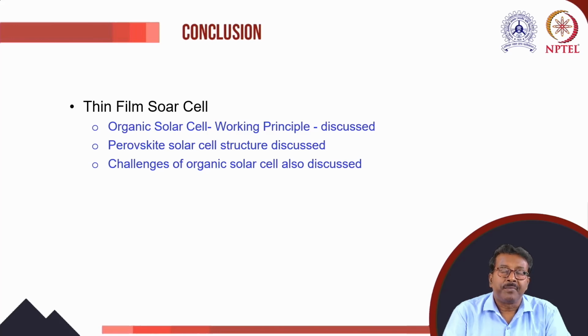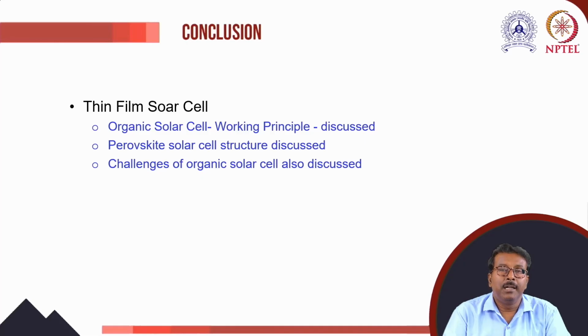That's why we need a special arrangement to dissociate these excitons into electron hole pairs and get the electrical conduction. Until we can dissociate them, we cannot get the electrical conduction. And for that, a donor acceptor interface is required.